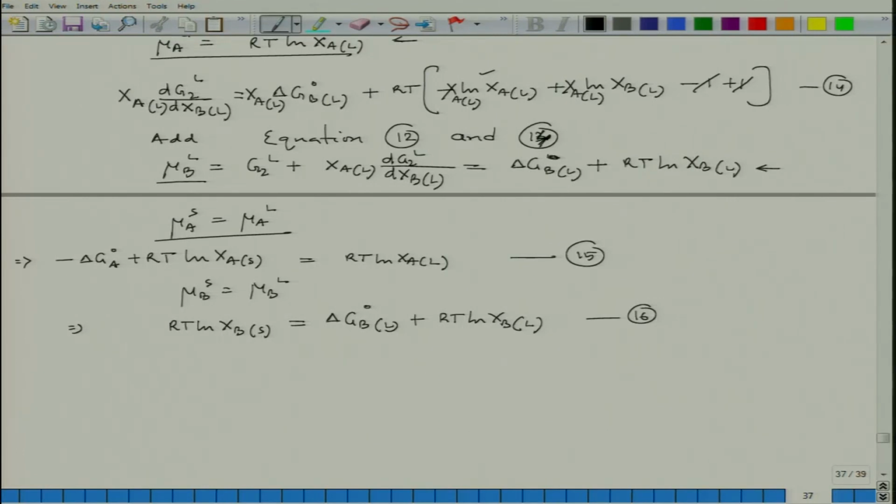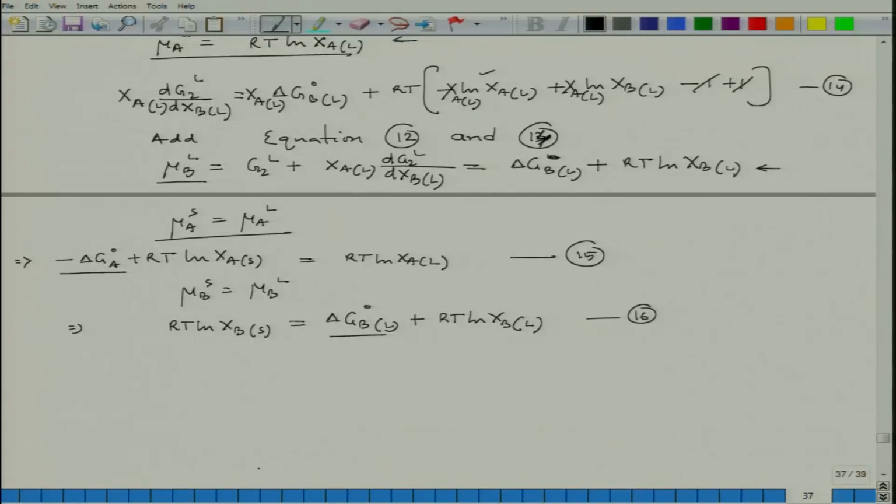So now these two equations, if we see carefully, we have two unknowns, because if we know delta Gm for pure A and delta Gm for pure B, then we can easily calculate delta G0 of A solid and delta G0 of B liquid.